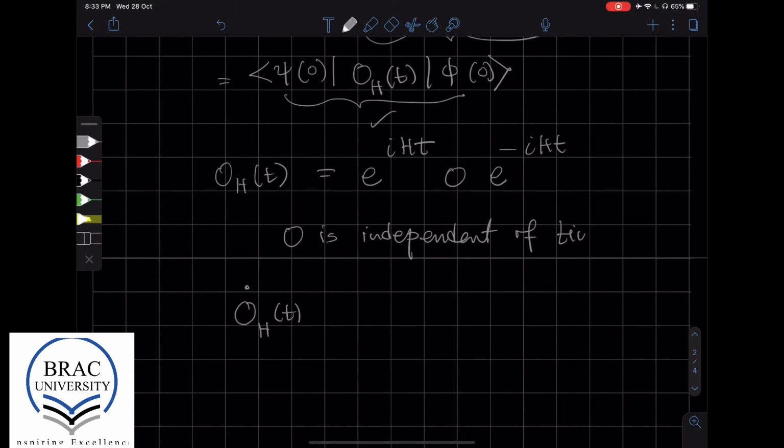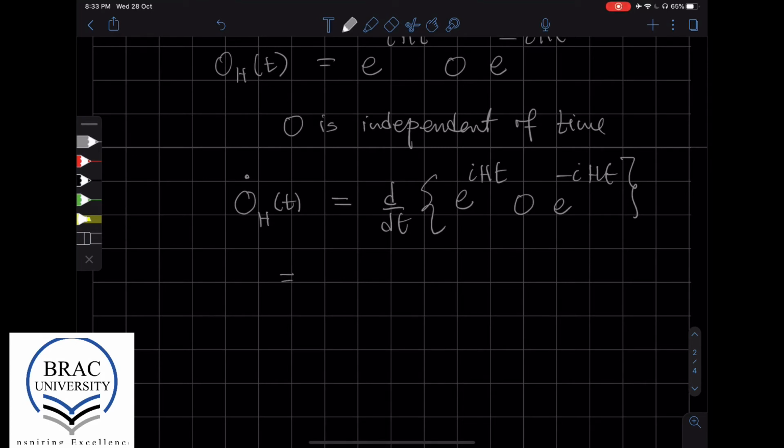If that is the case, then the time derivative of O_H is going to give me d/dt acting on these three factors, e to the power iHt, O, times e to the power minus iHt. If you use the Leibniz rule, what happens with this one brings down a factor of iH, and then I have everything else.